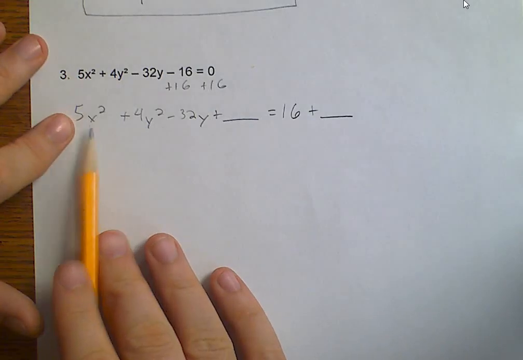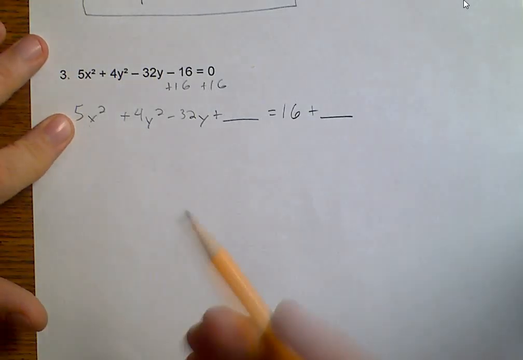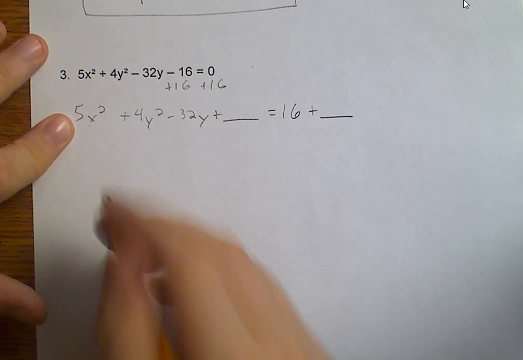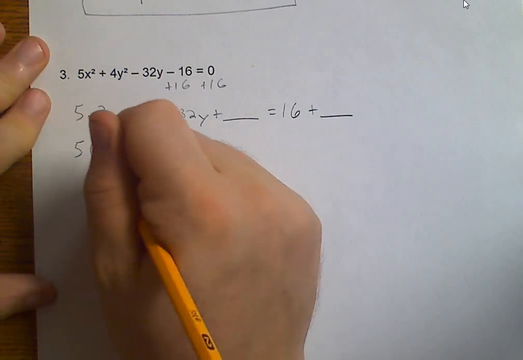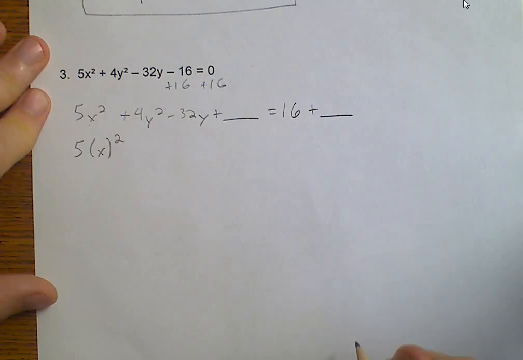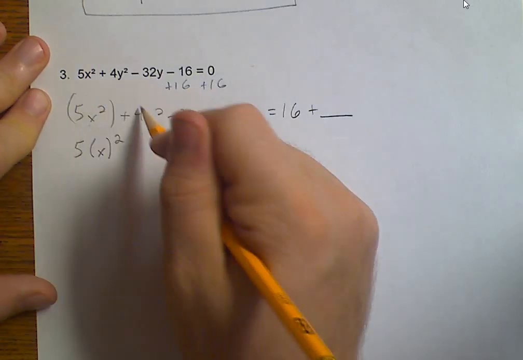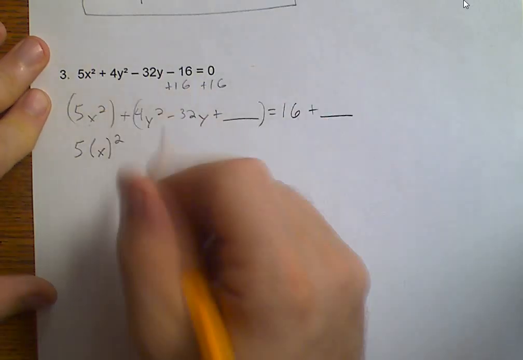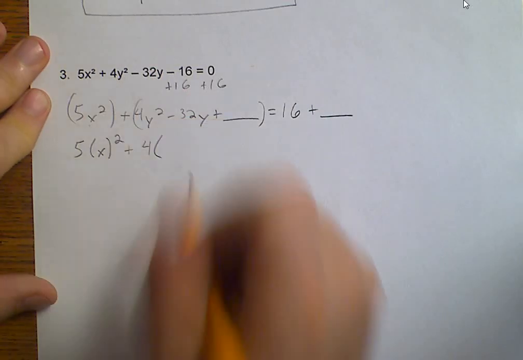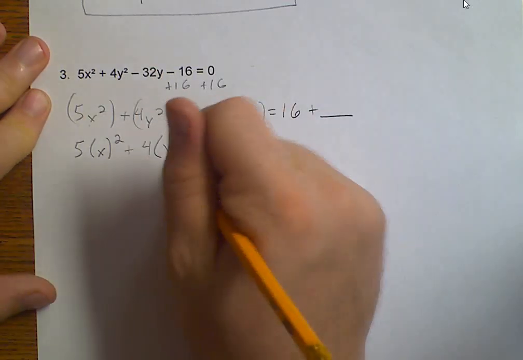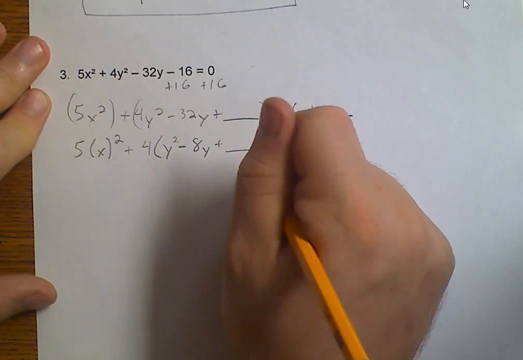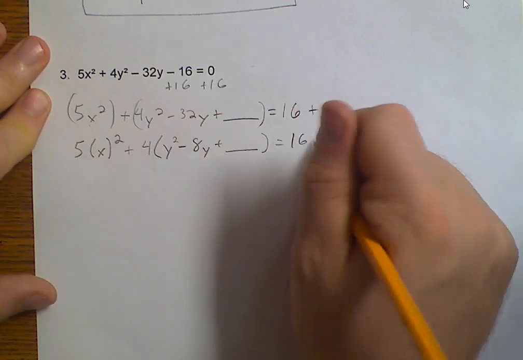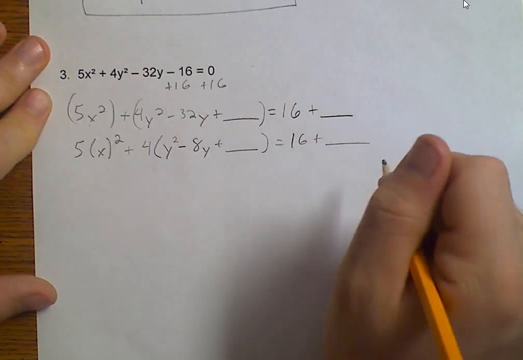The square root of x squared is just x, so I can leave that as is. The difference being that I still need to go ahead and pull that 5 out. Now over here, I need to pull a 4 out. I get y squared minus 8y plus some unknown equals 16 plus whatever that unknown is.